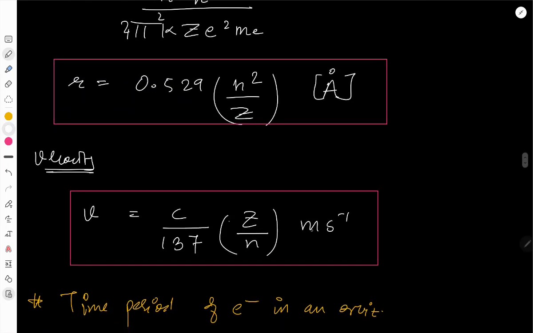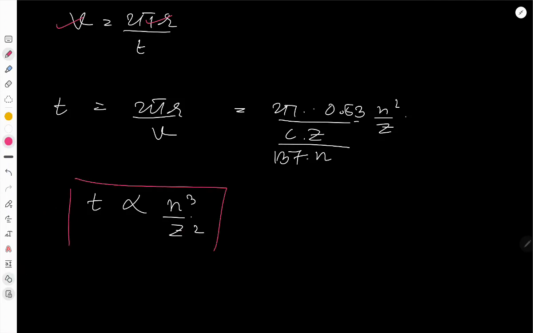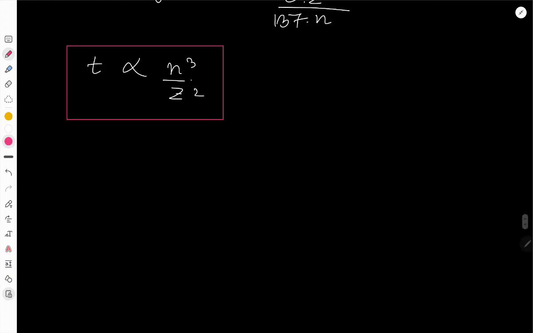Here we have derived c upon 137 z by n. So we just want to know the proportionality, it becomes n cube upon z square. No need for the actual values at all.